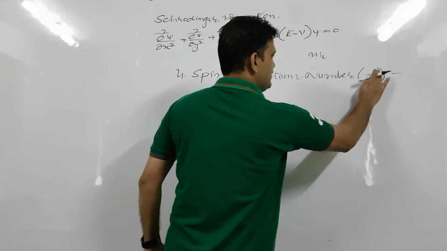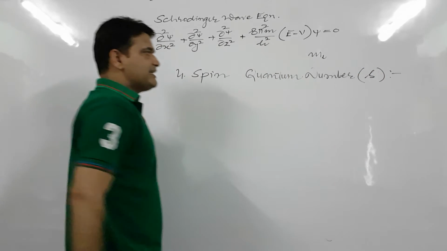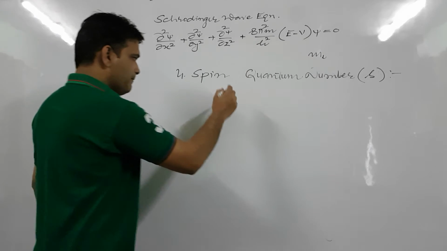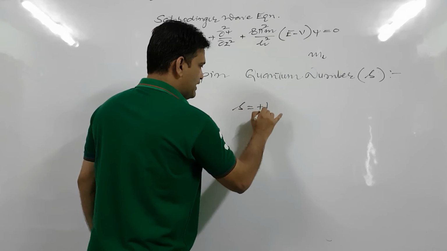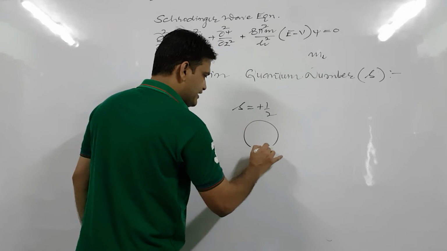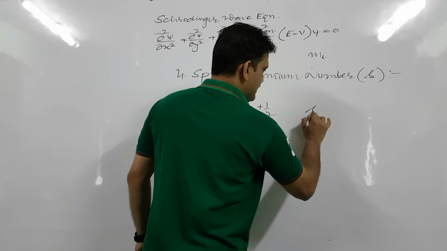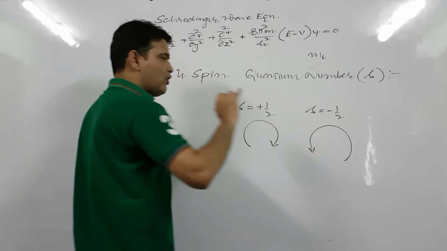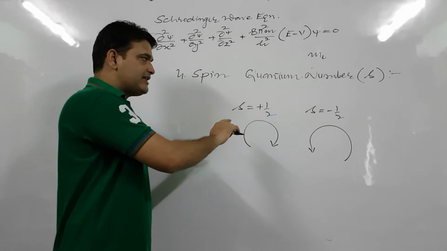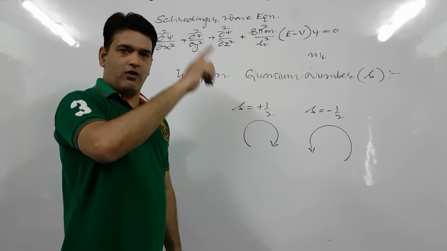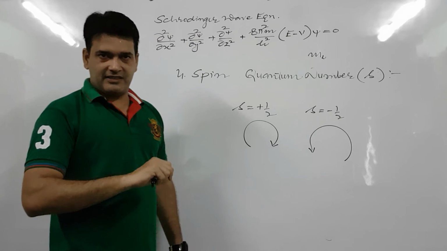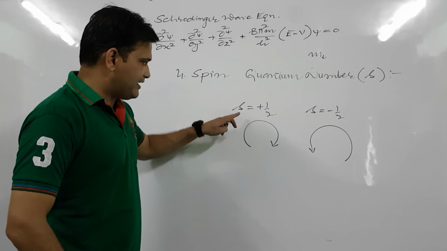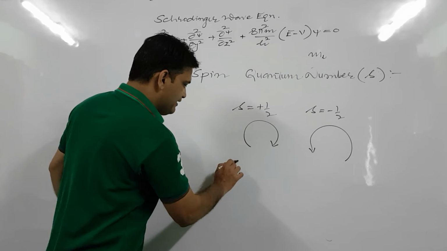It is represented by small s, and it tells us about the spin of the electron. If s is equal to plus half, it is considered to have clockwise spin, and if s is equal to minus half, it is considered to have anti-clockwise spin. But as electrons revolve in 3-dimensional space, the reverse is also true.